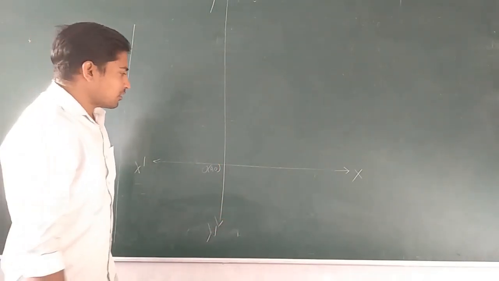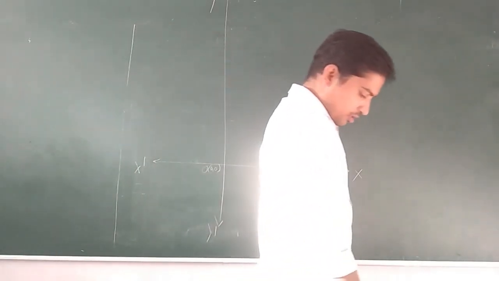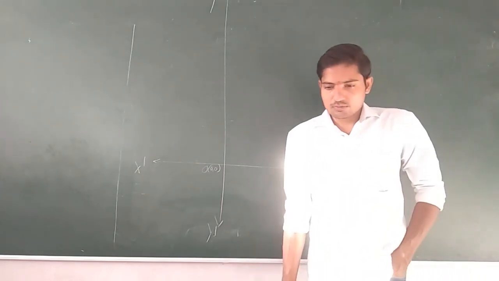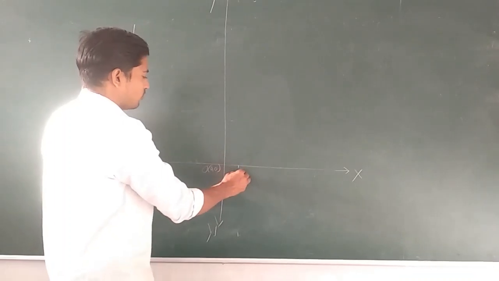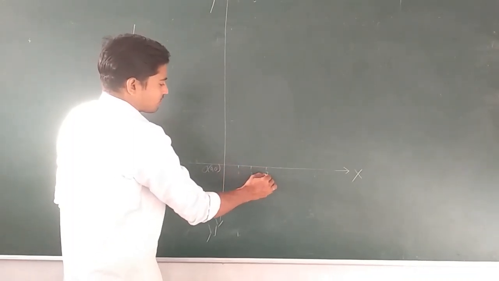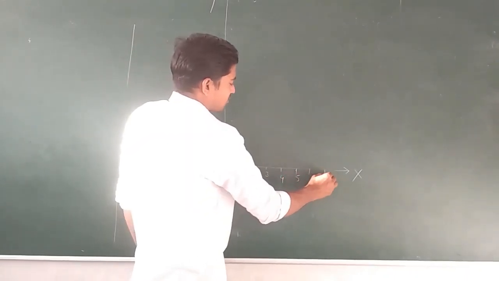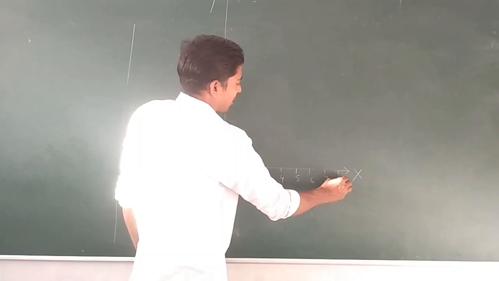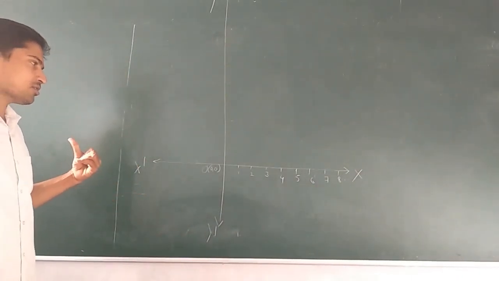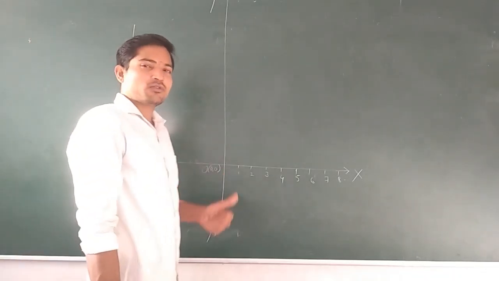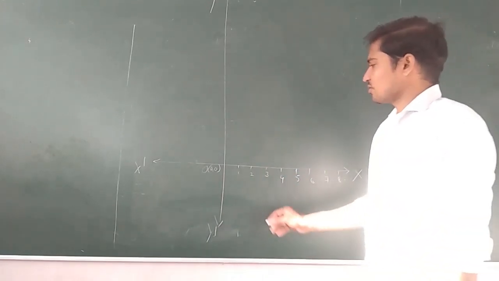Along the x-axis towards the right side, we take positive numbers: 1, 2, 3, 4, 5, 6, 7, 8, and so on. Along the x-axis, on the left side of the origin, take negative numbers.